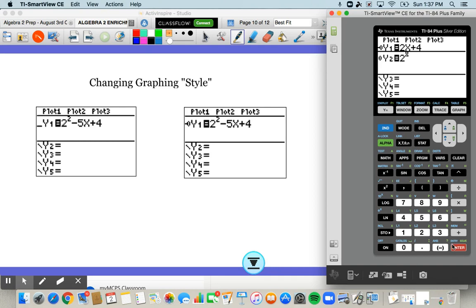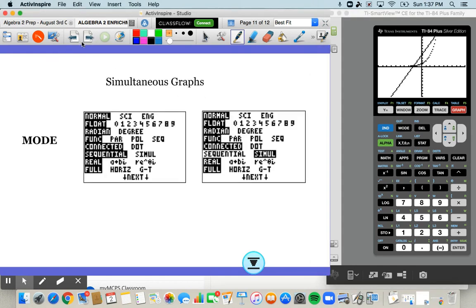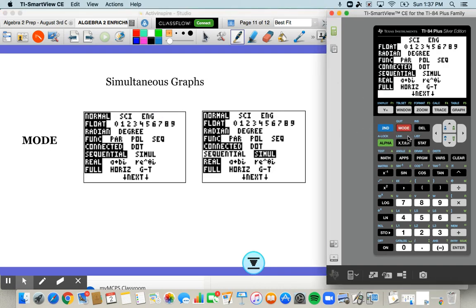You can play around with the different things they do. Dotted. Cool. Simultaneous, so maybe you're going to use this at the same time. So I'm going to go to mode, and there's a lot of stuff that I would encourage you to play around with. Maybe you remember working with radians versus degrees.